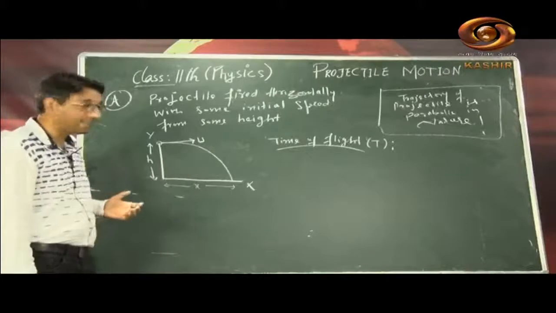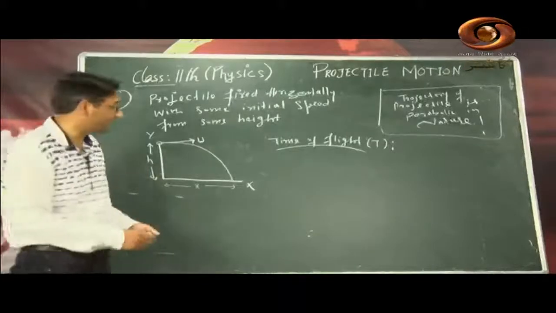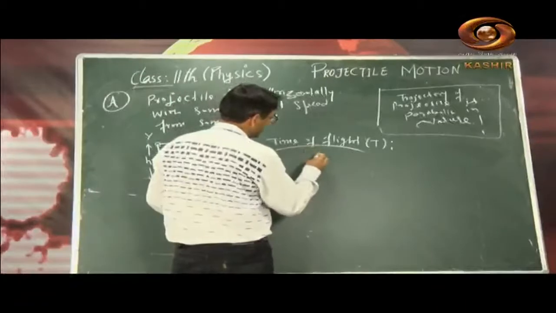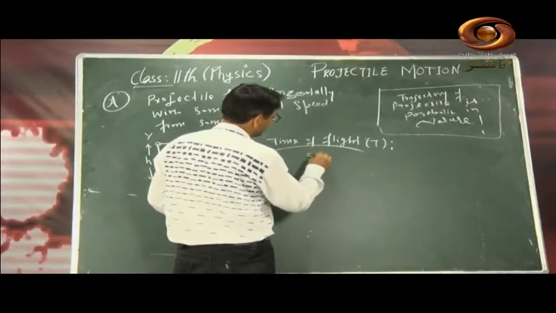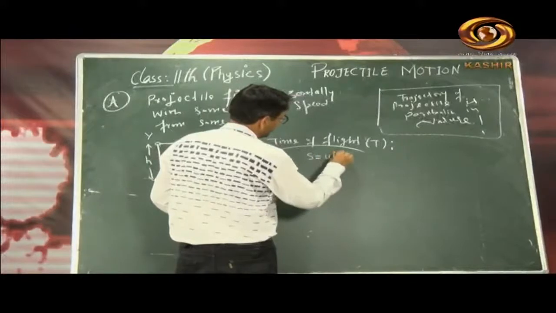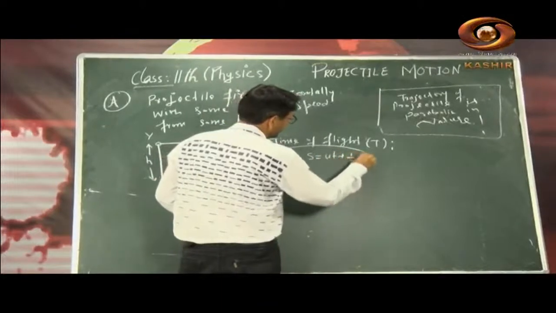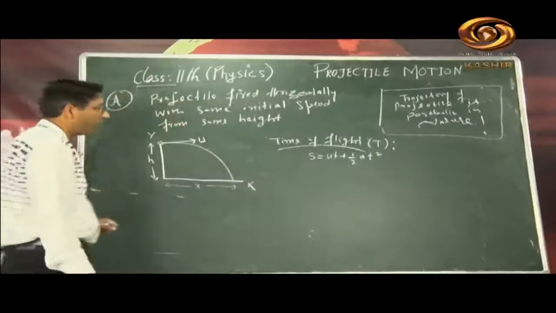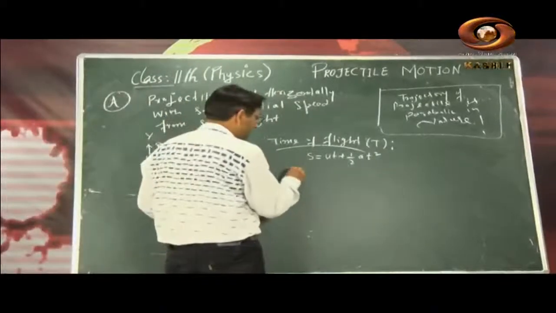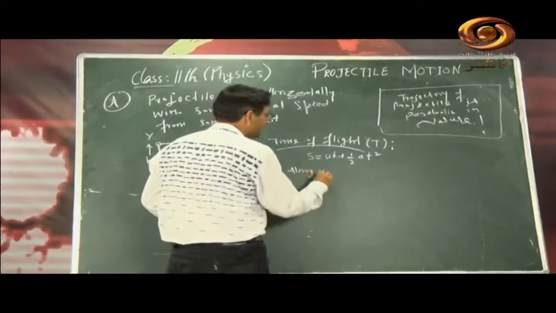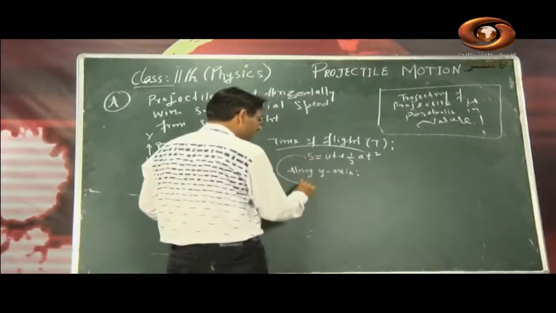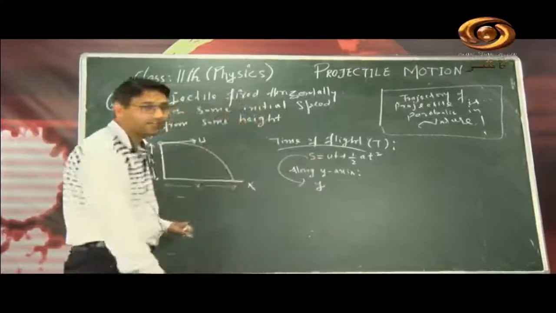So for that, have a look, dear students, again. We know the equation of motion: S is equal to ut plus half of at square. This is the equation for displacement. If we take this equation along the y-axis, our projectile has traversed a displacement of y along the y-axis.